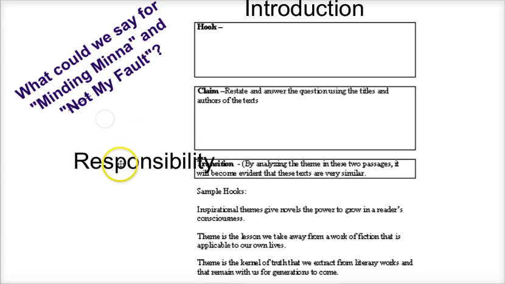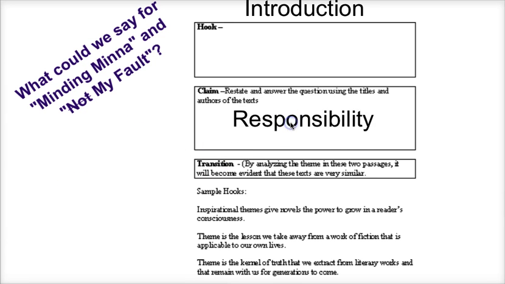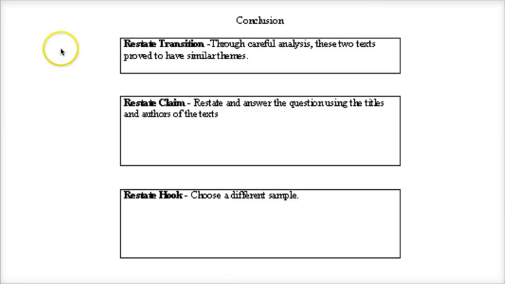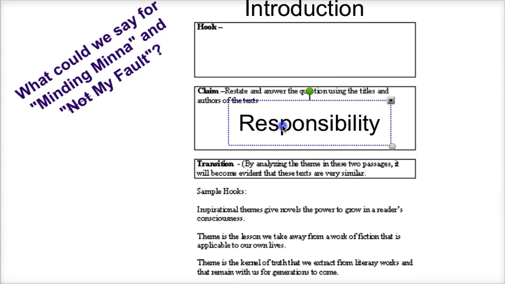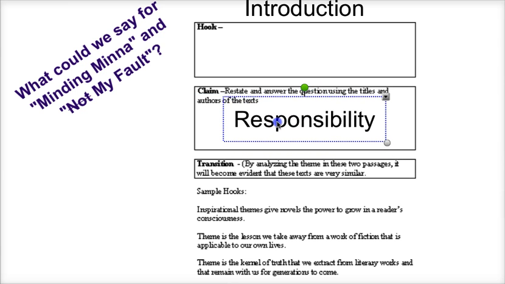So somehow we're going to have to incorporate this word into here because I think that's the link between the two passages. And then we'll include our transition. And then, of course, we will reverse it for our conclusion. So again, tomorrow in class, we'll be talking about how we can connect Minding Minna and Not My Fault. And I think this word is the key. So this word is going to become part of our claim.